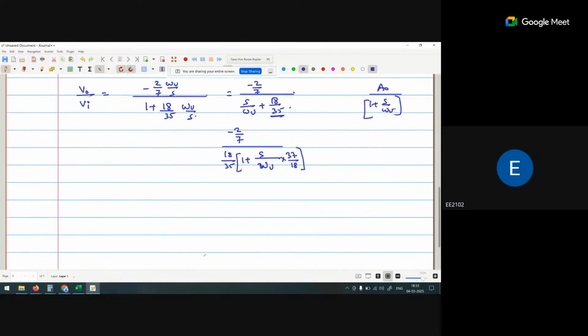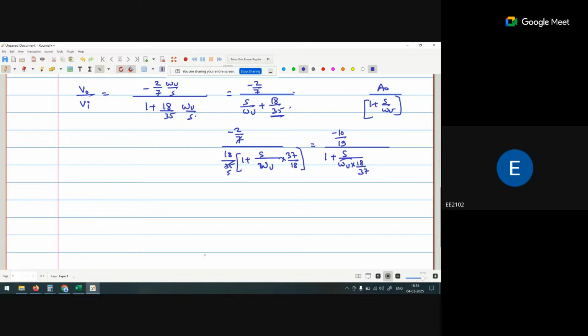It becomes minus 10 by 19 upon 1 plus s upon omega u into 18 by 37.